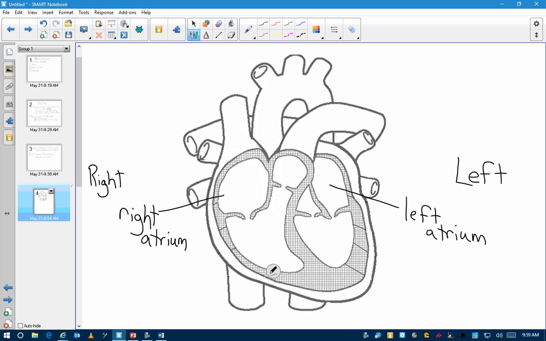So if you were labeling this, make sure you know your right and left. Okay, then these bigger chambers connected here at the bottom are ventricles. So we have right ventricle, and left ventricle.